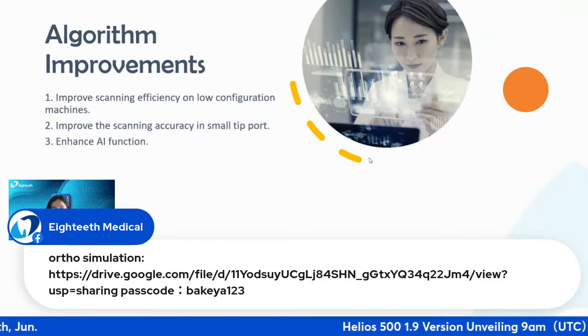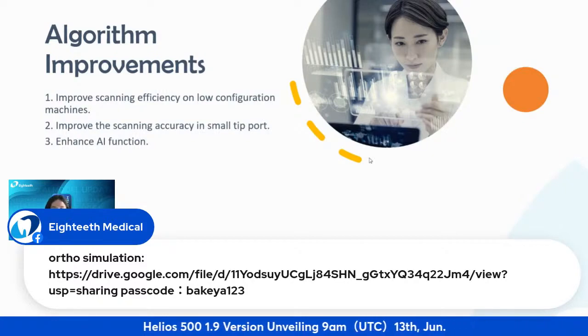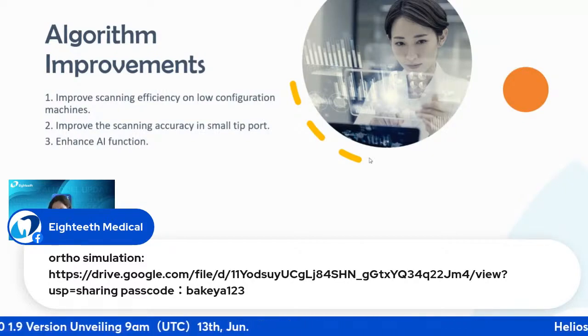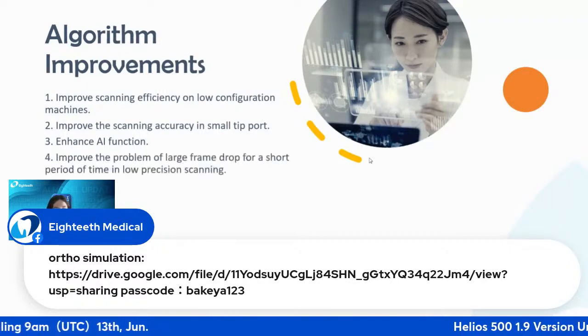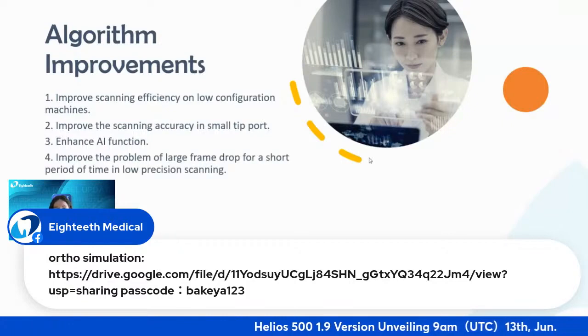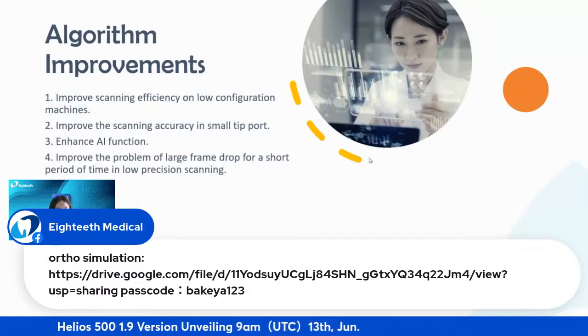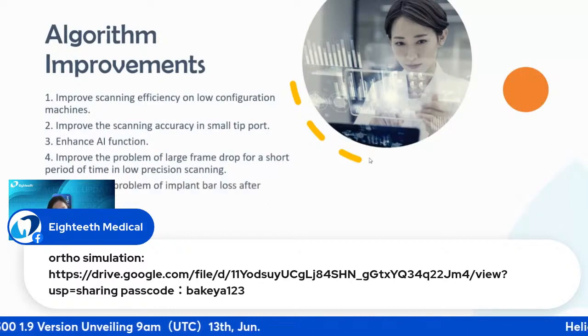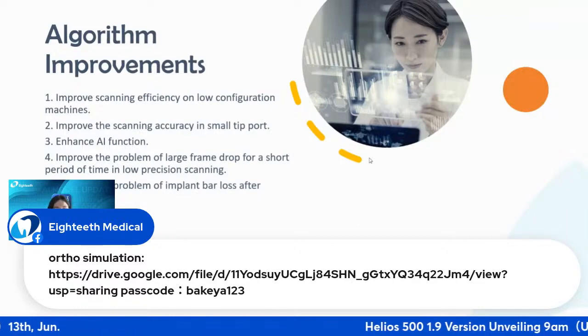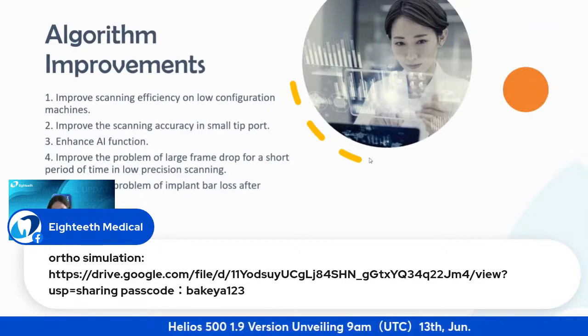As you know, we improved our artificial intelligence function so that it will automatically recognize soft tissues and the teeth. We enhanced that. Improve the problem of large frame drop for a short period of time in low precision scanning. We improved that. Improve the problem of implant bar loss after optimizations. We improved this in the algorithm itself.